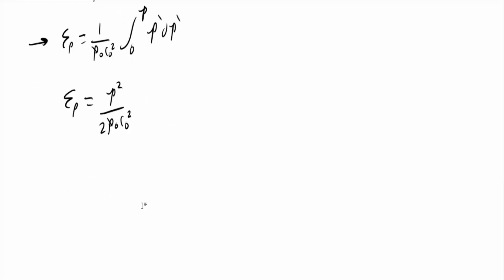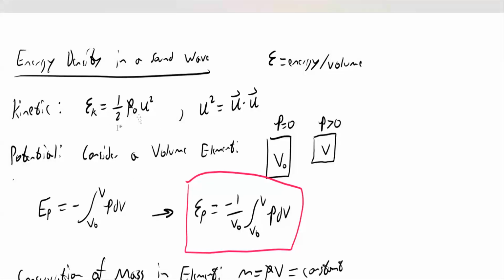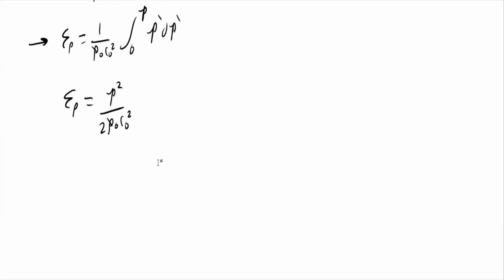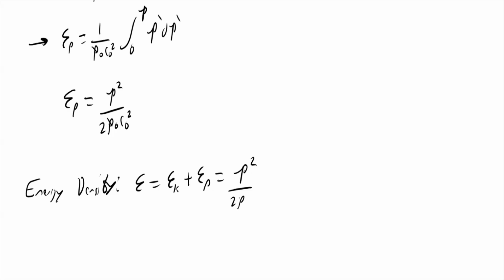Now, if you recall, we have the kinetic energy density and we have the potential energy density. We simply add them up to find the energy density of the sound wave. Let me write this in the order they showed up.